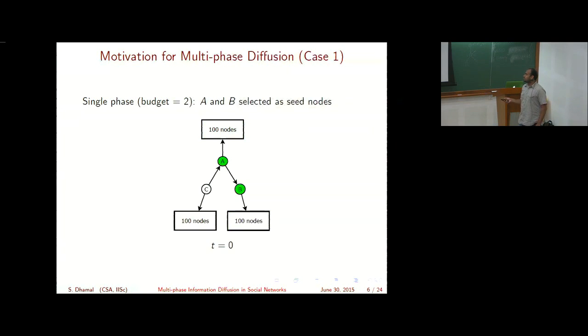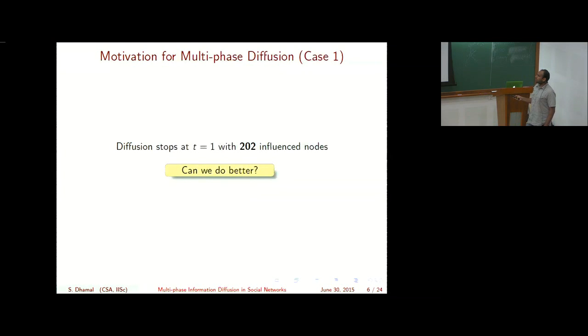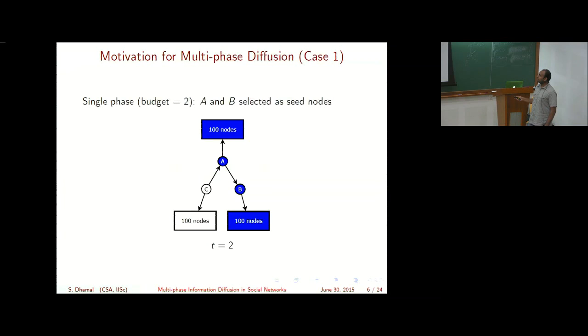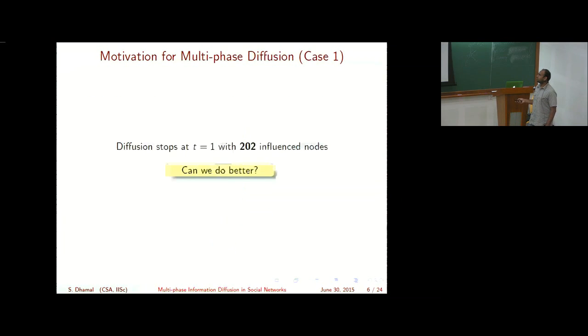In time step 0, these two are the recently activated nodes, and they influence this set of 100 nodes with probability 1. So this is the state of the network at time step 1. And then at time step 2, these are no more recently activated, and the diffusion stops. So the diffusion stops at time step 1 with 202 influenced nodes. So 202: these are 2 and these are 200.